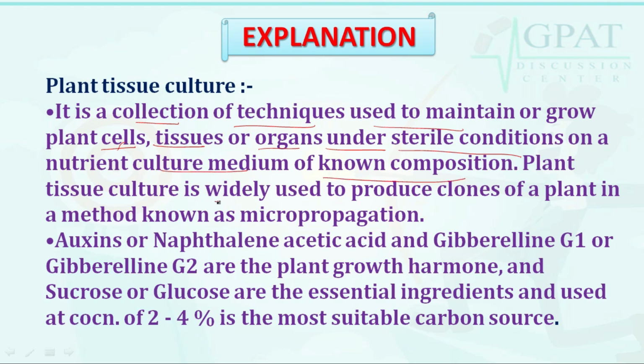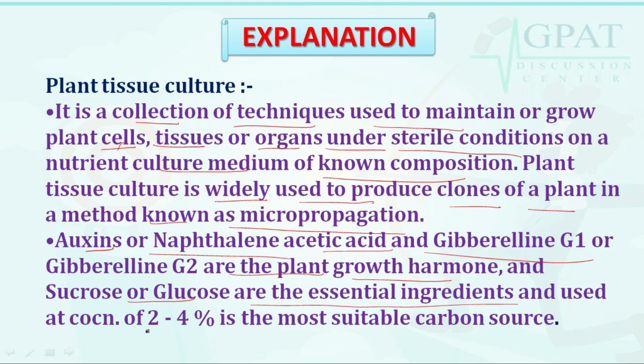Plant tissue culture is widely used to produce clones of a plant in a method known as micropropagation, where auxins or naphthalene acetic acid and gibberellin G1 and G2 are plant growth hormones, and sucrose and glucose are the essential ingredients used at a concentration of 2 to 4%. Students, sometimes the concentration will be asked, so please try to note this down. It is the most suitable carbon source.